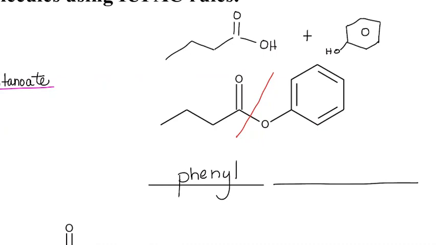And then what is the second word in this ester that comes from the carboxylic acid? Remember that we're not going to put the word acid. You take away the word acid, but benzoate is the answer. Great job.